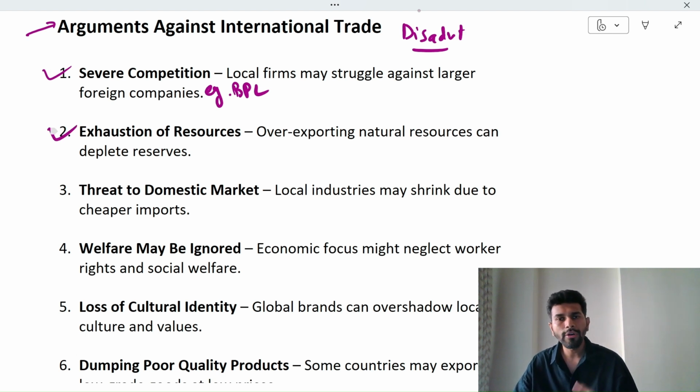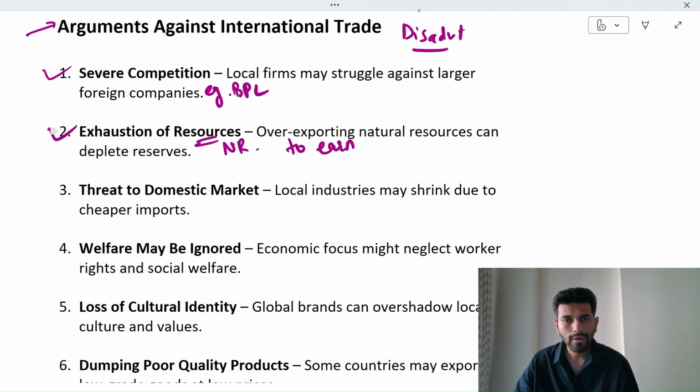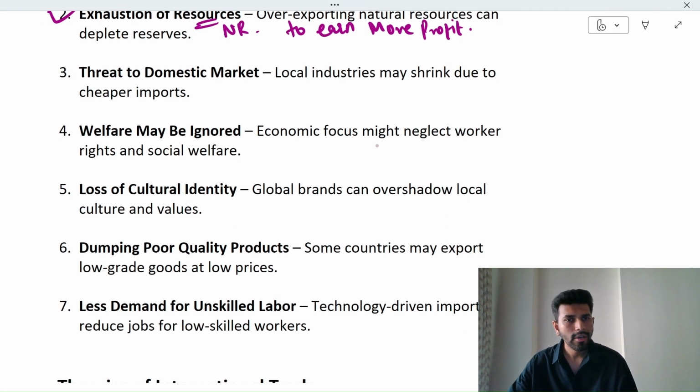Next, exhaustion of resources. These resources are natural resources used to earn more profit. There will be wastage of resources. Next, threat to domestic market. Due to international competition, small scale business cannot survive.